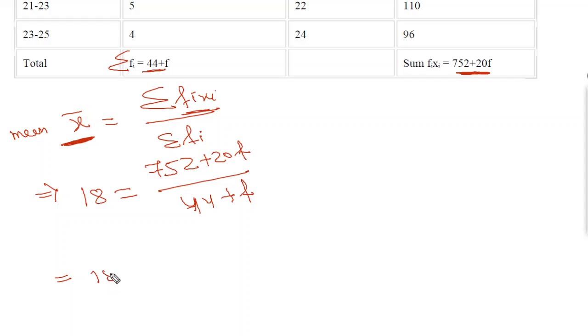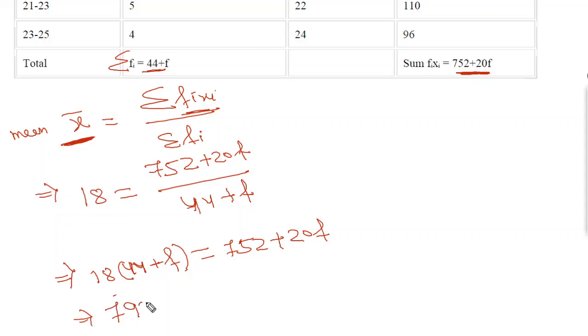So 18 into 44 plus f will be equal to 752 plus 20f. Okay, implies, now you have to multiply it. 18 into 44 will be 792 plus 18f will be equal to 752 plus 20f.